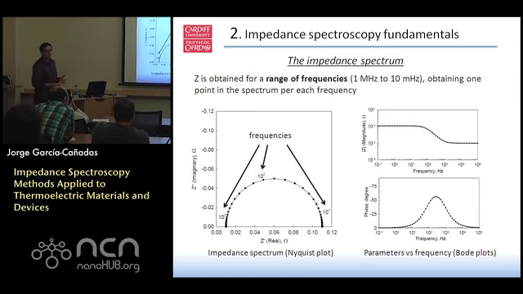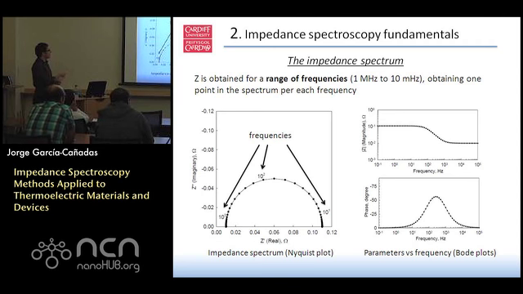If we do this experiment in a range of frequencies, we get the impedance spectrum. Usually high frequencies appear on the left side, then you start to decrease the frequencies, and you end up at the right side. So each of these points is one of the frequencies we've done our experiments at.